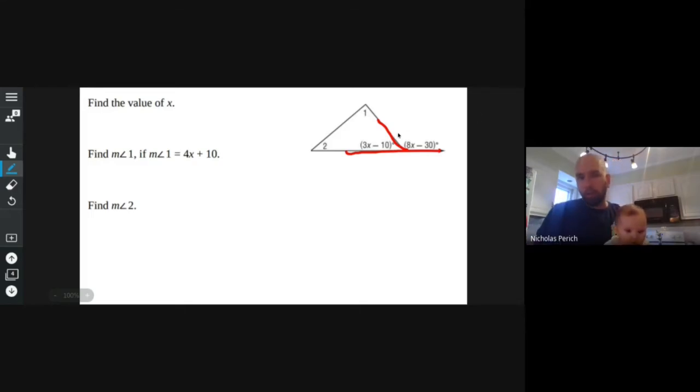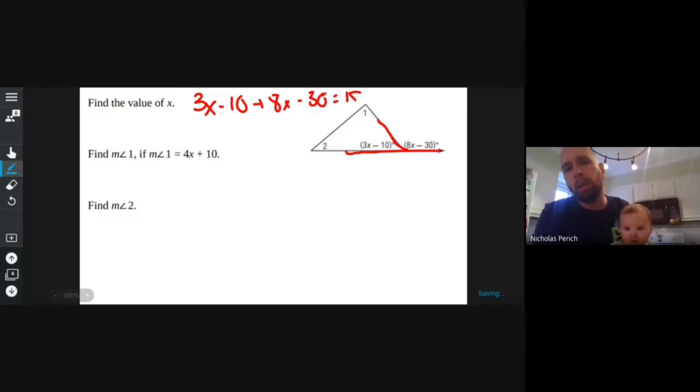So the way I find x is I do 3x minus 10 plus 8x minus 30 equals 180. The idea behind this one, again, is when 2 angles, no matter where they are, are glued together to form a straight line, those 2 angles add up to make 180.